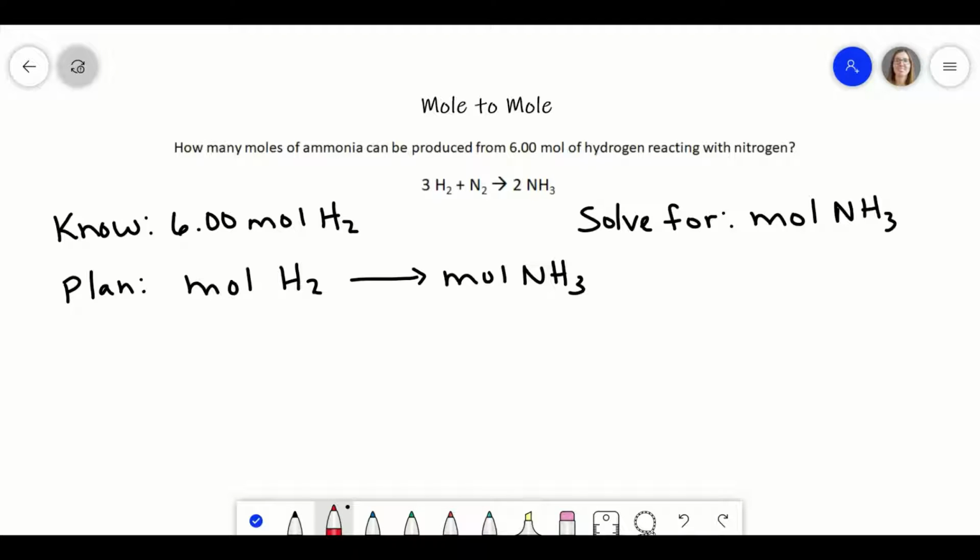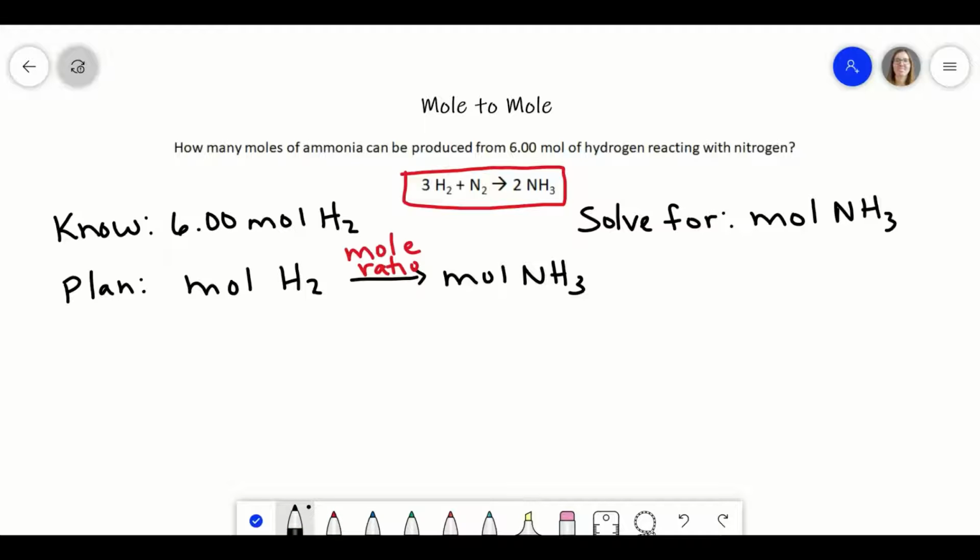Conveniently, there's a conversion factor that allows us to go from moles of one substance in a reaction to moles of another, and it's called the mole ratio. And the mole ratio is related to the balanced chemical equation. Specifically, we're going to use the coefficients in front of H2 and the coefficient in front of NH3 to solve this problem.